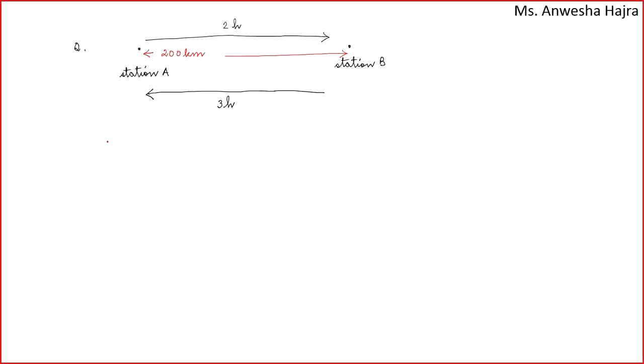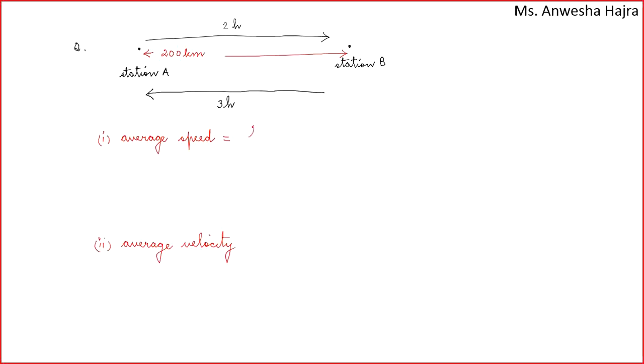Here we have to find out number 1, the average speed, and number 2, the average velocity. Now what is average speed?